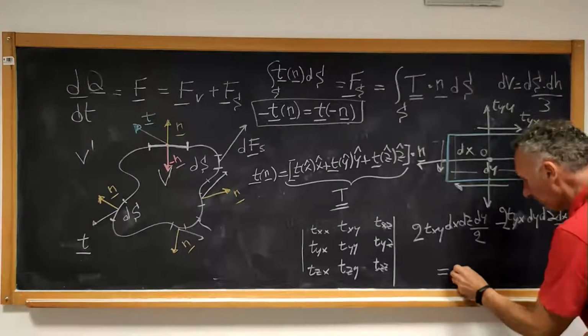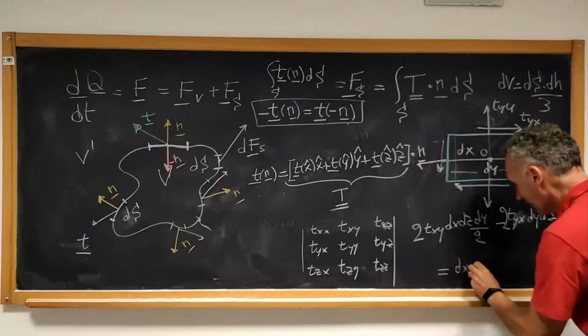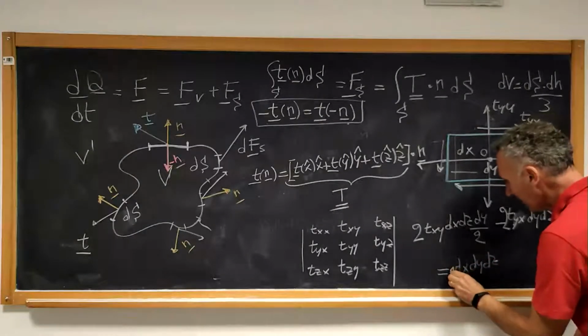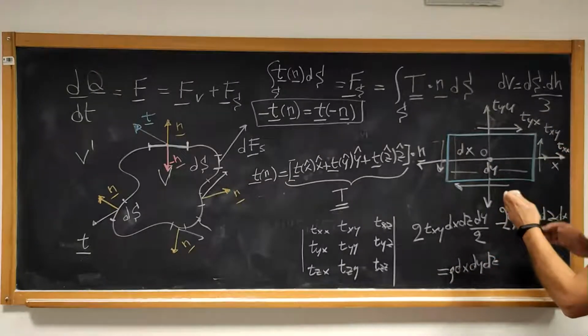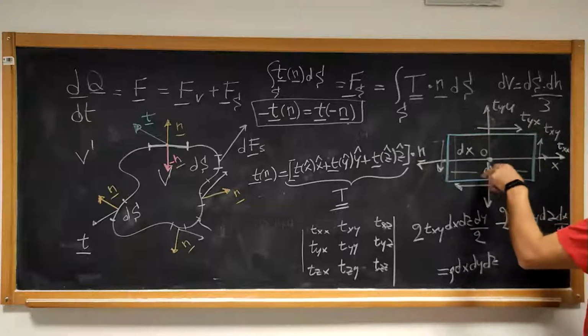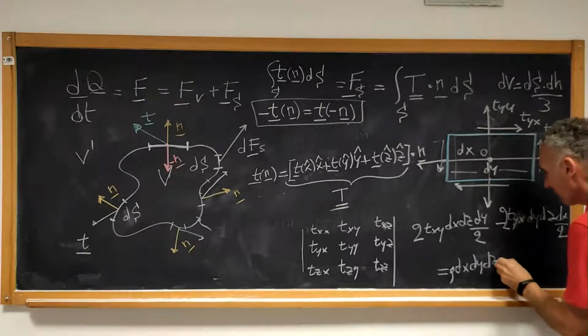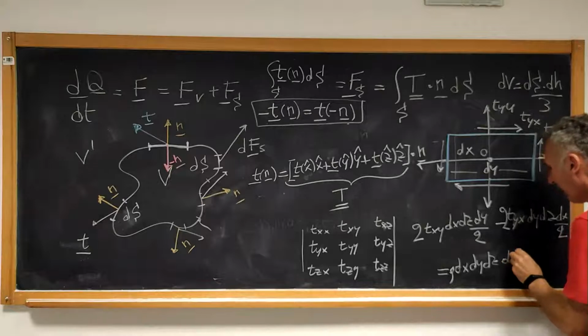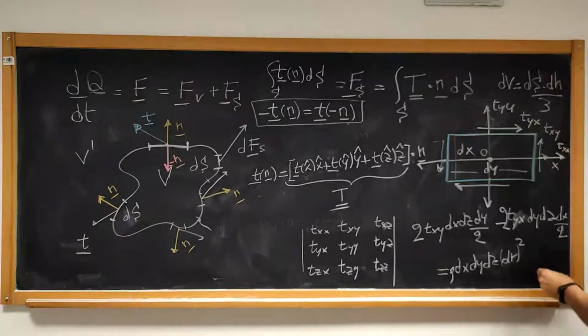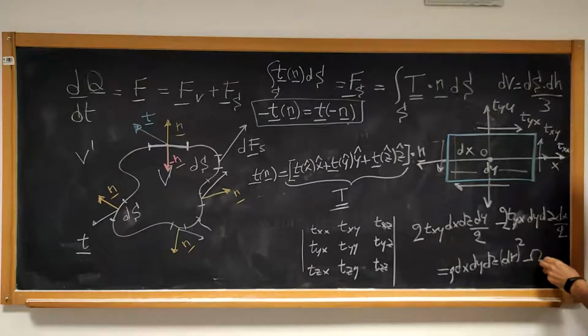So it will be the volume, so dx, dy, dz, times the density, times some squared gyration radius, which would be some infinitesimal radius. So let's call it dr squared. So this is the gyration radius, omega dot. And this is the rate of change of angular rotation.